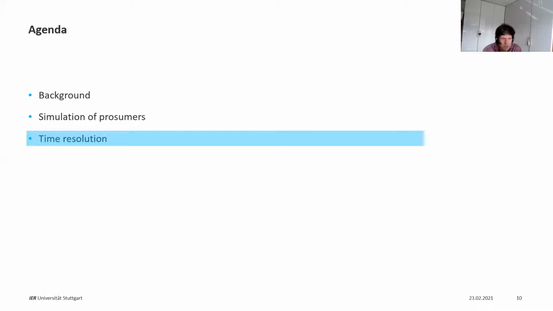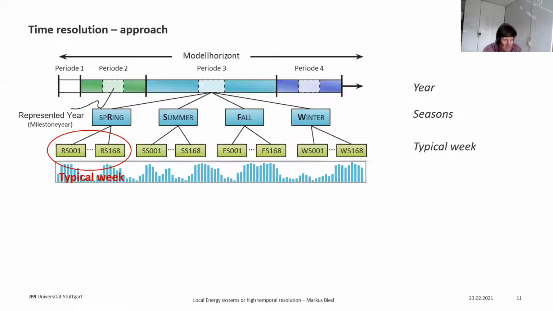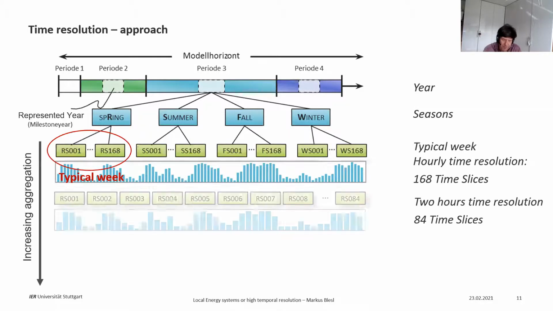For the time resolution, I think it's clear you have the model horizons, and you have the possibility to split up the year into seasons and typical weeks. For these typical weeks, we normally take an hourly time resolution.